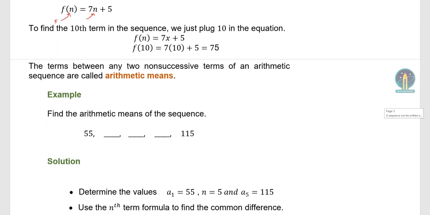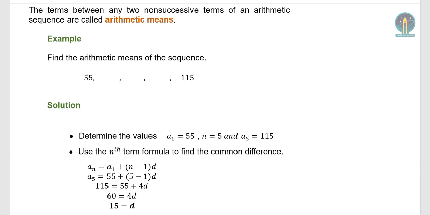Okay. The terms between any two non-successive terms of an arithmetic sequence are called arithmetic means. Okay, non-successive terms. Here's an example. Find the arithmetic means of the sequence 55 and then some missing term, another missing term, a third missing term, and 115.